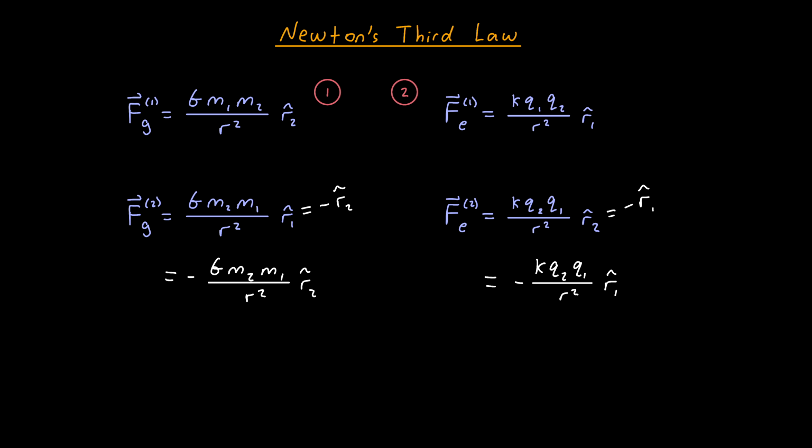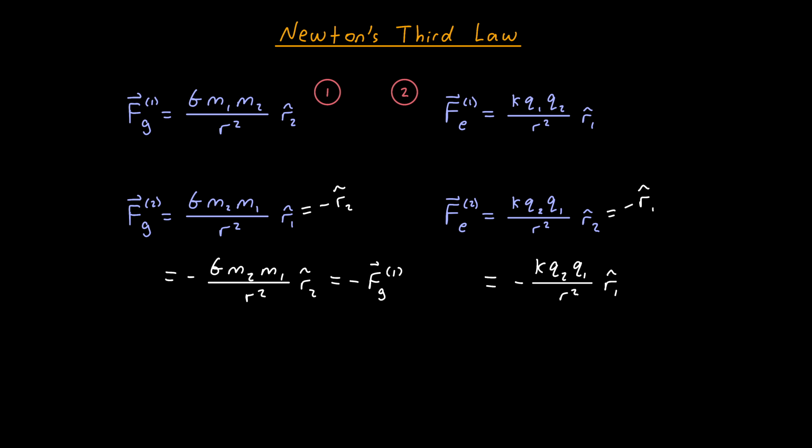Similarly, the gravitational forces are products of the system and external mass. And because they're products of these two quantities, the actual magnitude of the force remains the same whether you're talking about the force felt by particle 1 or the force felt by particle 2. In other words, what this means is that the gravitational force felt by particle 2 is equal to minus the gravitational force felt by particle 1.